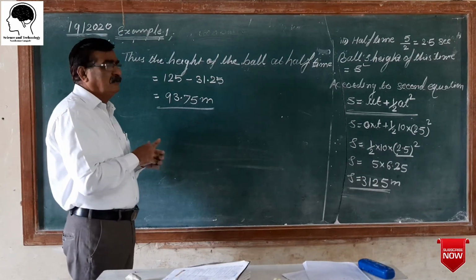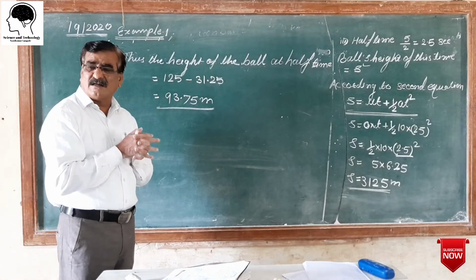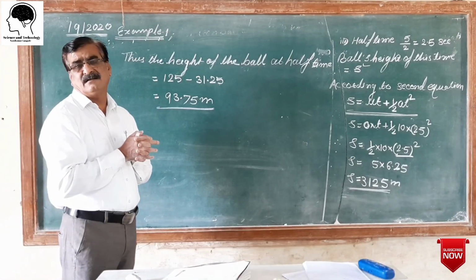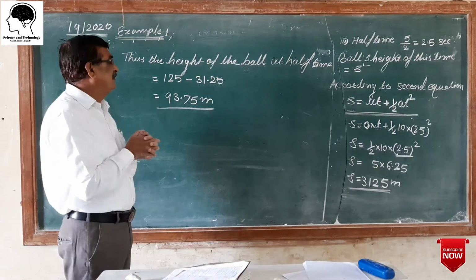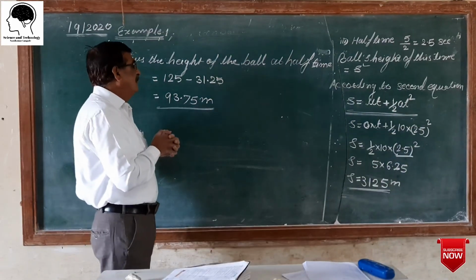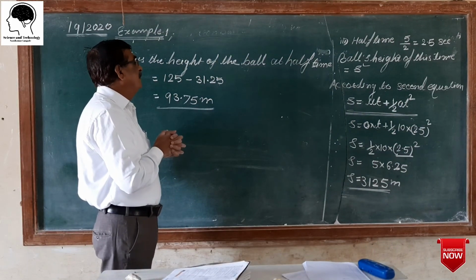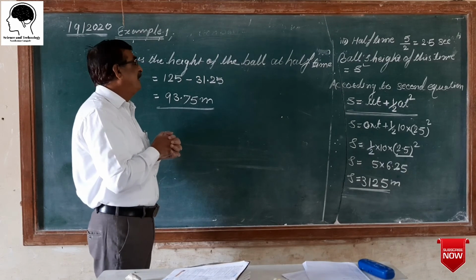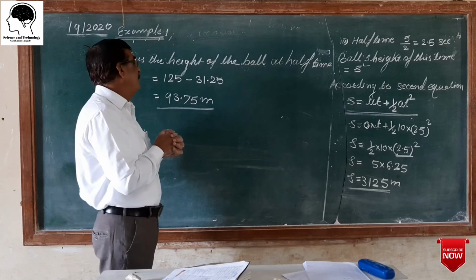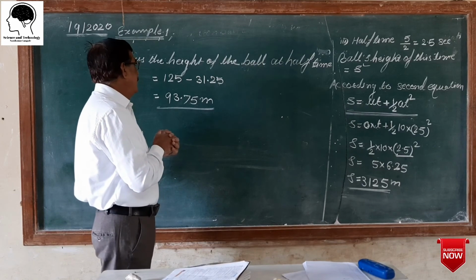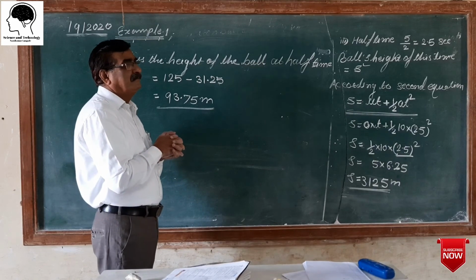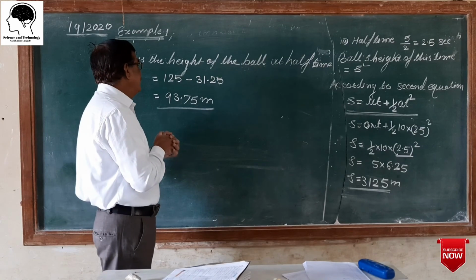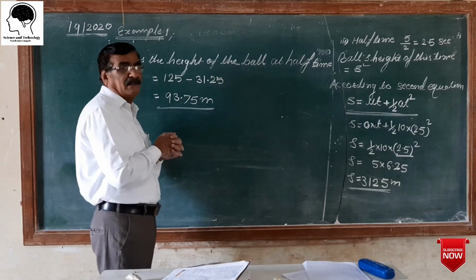The total time taken to reach the ground is 5 seconds. The height covered within half time is 31.25 meter, and the remaining half time covers the distance of 93.75 meter.